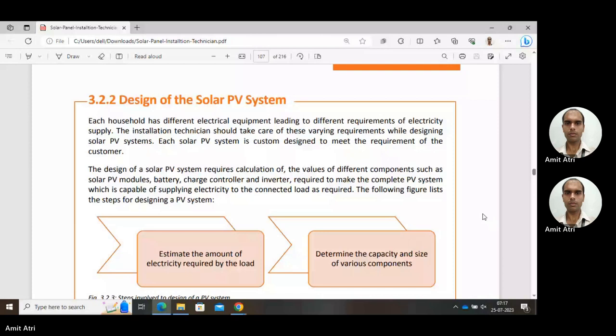How much electricity is consumed? What are the different equipments which are to operate on electricity? Okay, next step is to determine the capacity and size of various components. Then as per the load, we will determine the capacity and size of our components in the PV system.